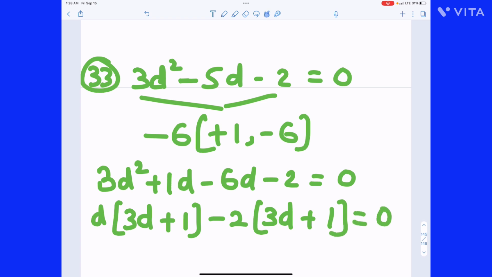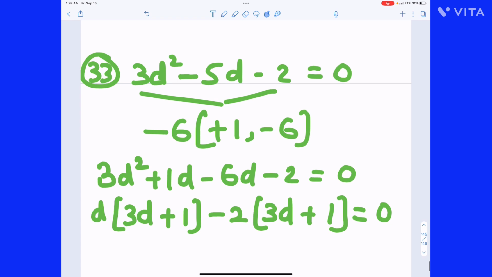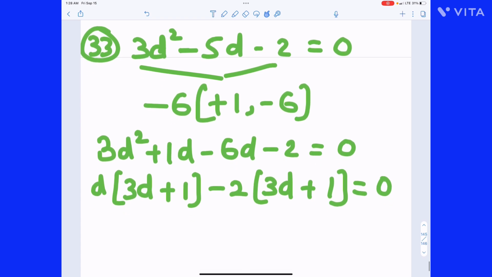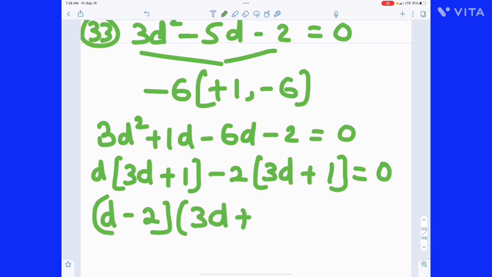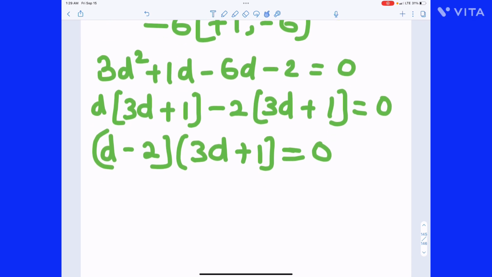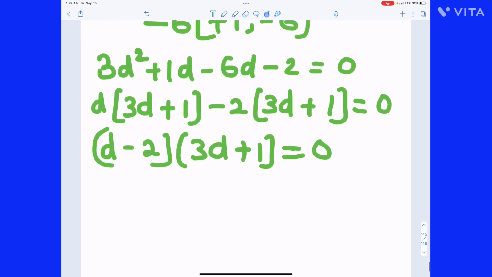You can figure out how you got the factors yourself, using a jotter or a rough sheet, step by step the way we did it when we started doing factorization. You will get it. So this is d minus 2 times 3d plus 1 is 0.